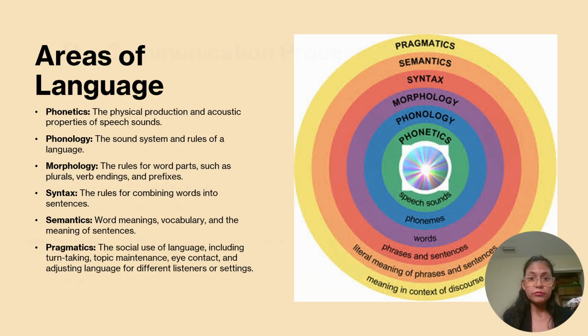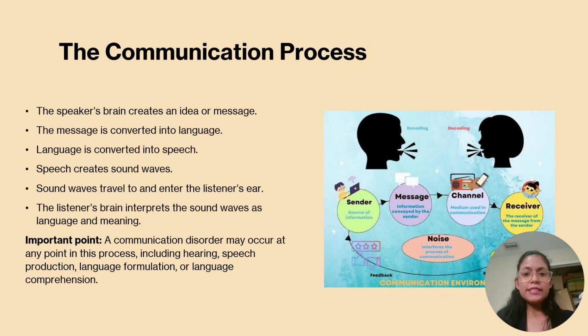or settings. Now, let's dig a little deeper into the communication process. First, the speaker's brain creates an idea or message. Then, the message is converted into language. Language is converted into speech, and speech creates sound waves, which travel to and enter the listener's ear.